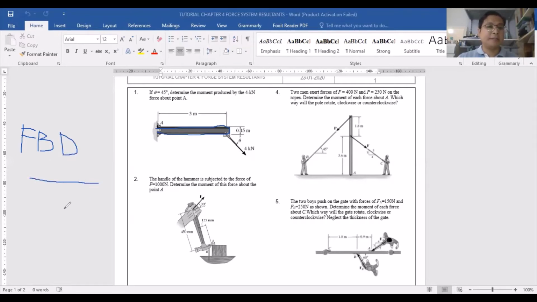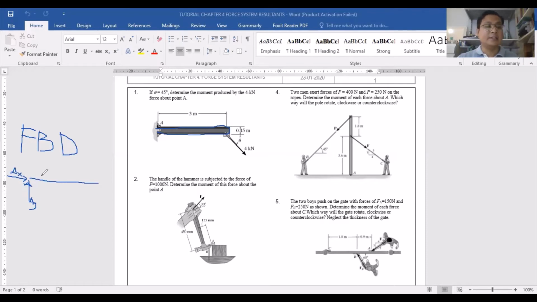And then what happened to the support? The support is a fixed support. It means in X and Y it is fixed. So here is A in the direction Y, and this one is A in the direction X.